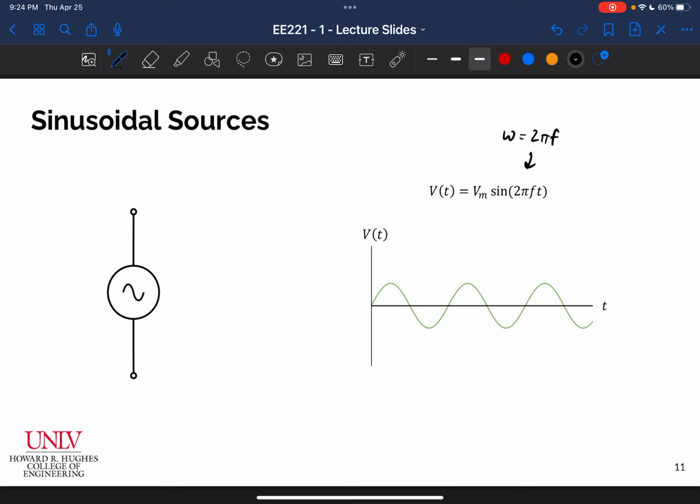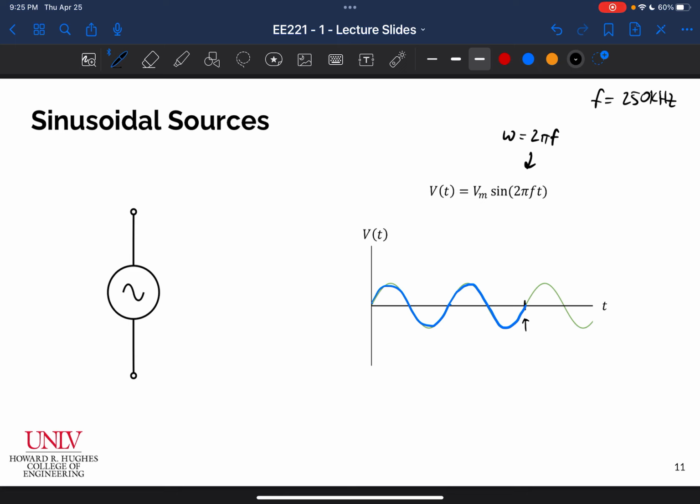Let's say I'm interested in determining what time this is, where 2 full cycles have been completed. I've got one cycle here and then another cycle here. So I want to know what time that occurs at, assuming that my frequency, f, is equal to, let's say, 250 kilohertz.